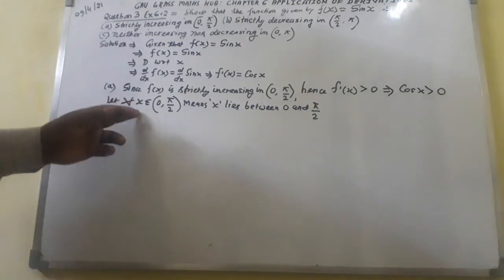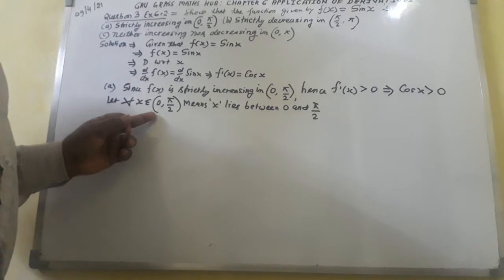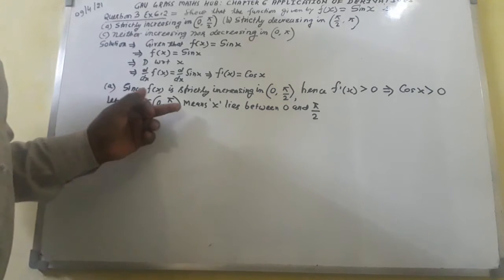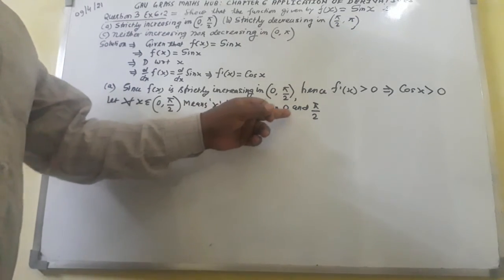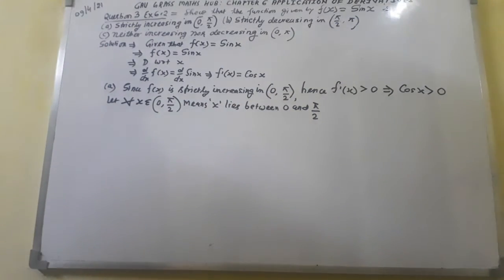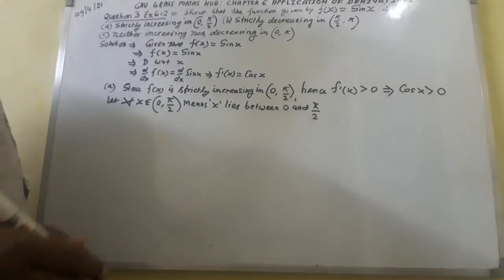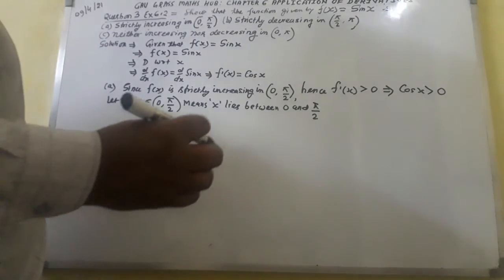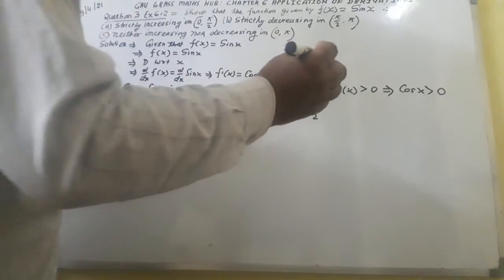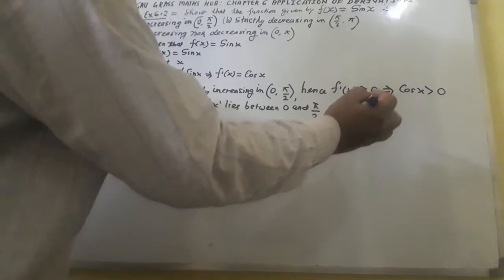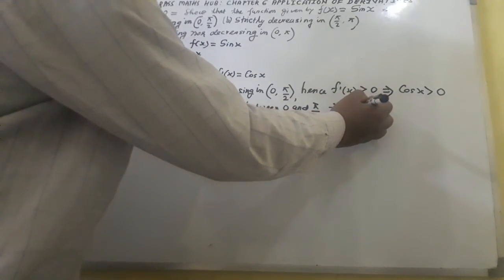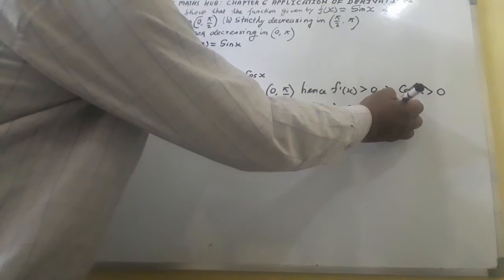This implies 0 is less than x less than pi by 2.